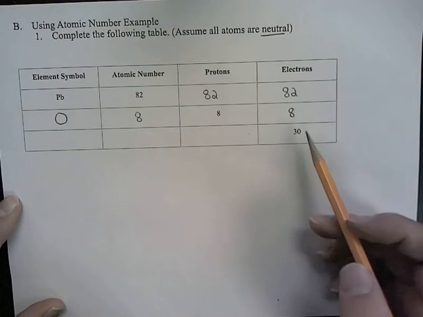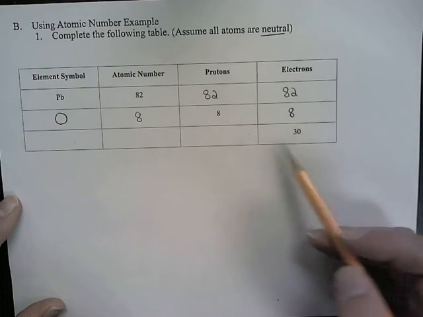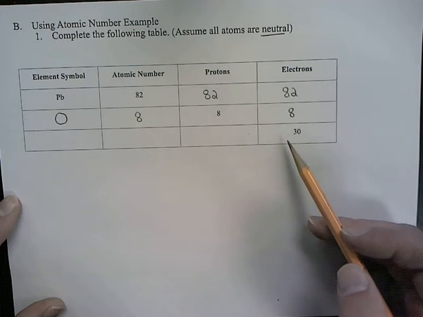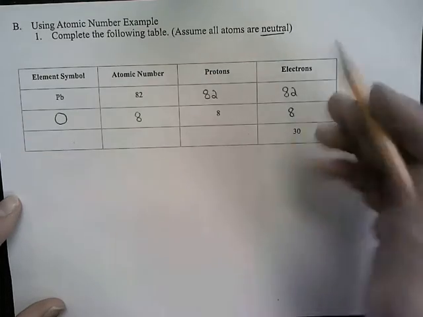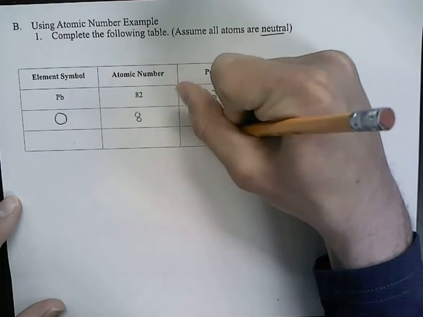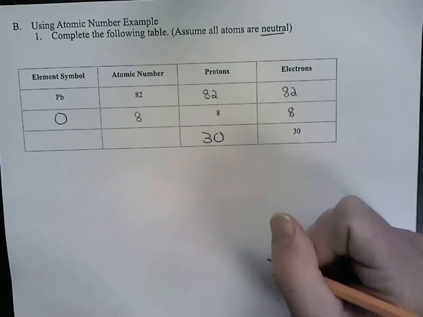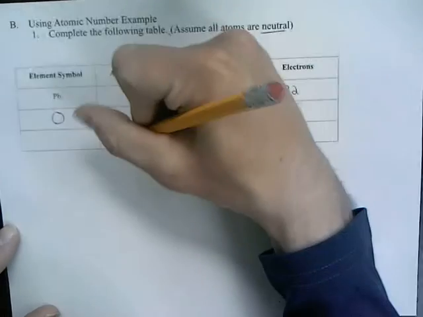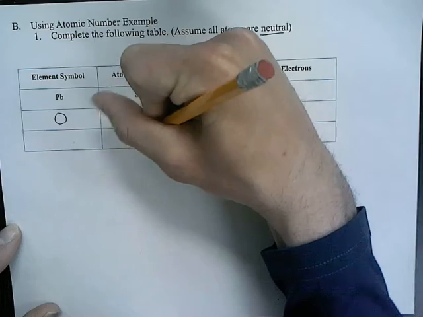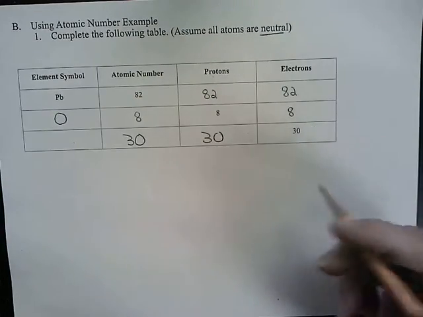All right, so we work backwards here on this last row. We have 30 electrons, and in a neutral atom, electrons are equal to protons, so that means we have 30 protons. More importantly, the number of protons determines the atomic number, so that means we have 30 as our atomic number.